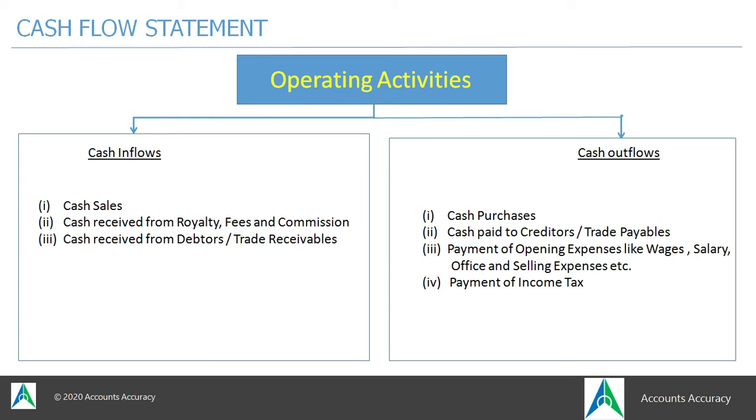Such expenses are incurred during the operation of the company's activity. Operation means production process. You have to keep in mind the expenses which remain included in the P&L account, profit and loss account, when you make the final accounts of the company.